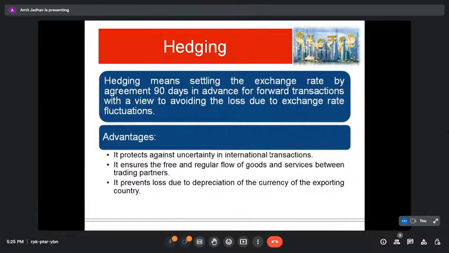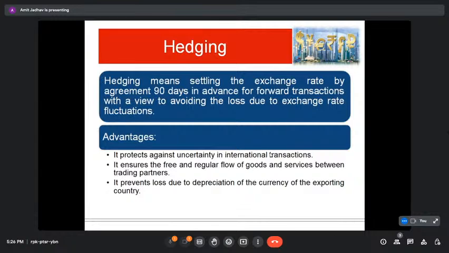So basically, in hedging the exchange rate is fixed in advance to avoid the loss due to exchange rate fluctuation, and it is fixed through the agreement between the sellers and the buyers of the foreign currency.